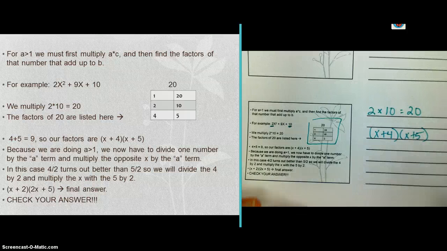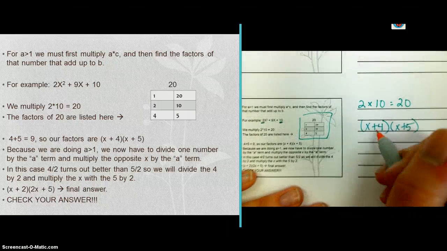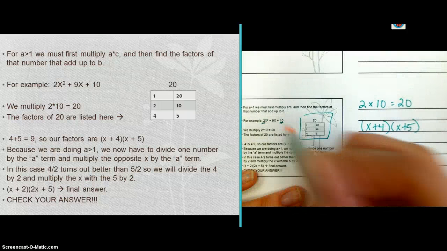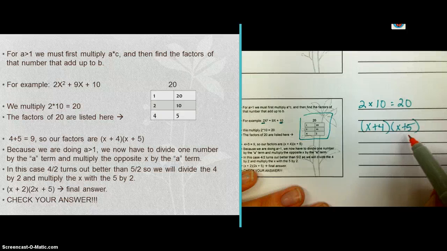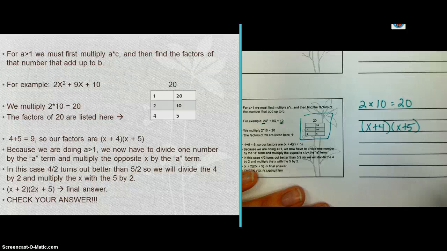We will divide one of these numbers by our a term and then multiply the opposite x by the a term. So I have the choice of dividing either 4 by 2, because 2 is my a term. I'm going to divide one number by my a term. So I can divide 4 by 2, or I can divide 5 by 2.